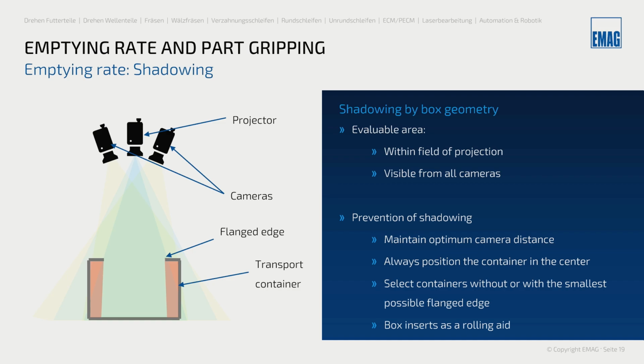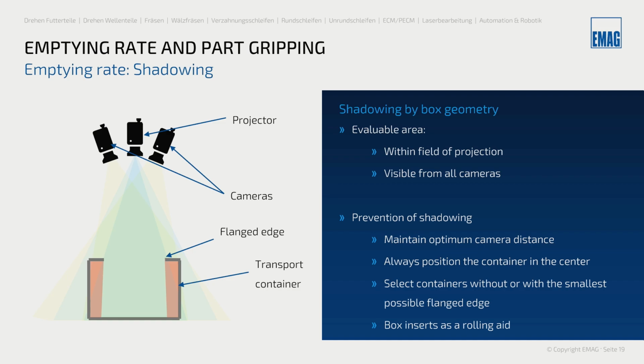I can see the whole box, and my focus points are placed in the middle of the camera, in the middle of the container. And I always need to check that the positioning of the container itself is in the middle below the camera to get an optimal picture of it. This can be achieved by guiding lines or anything like that.